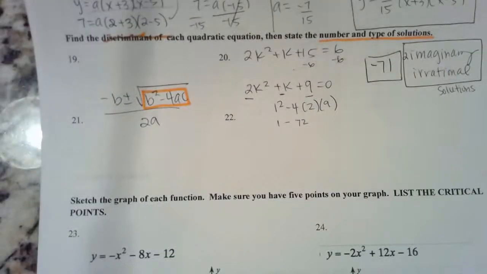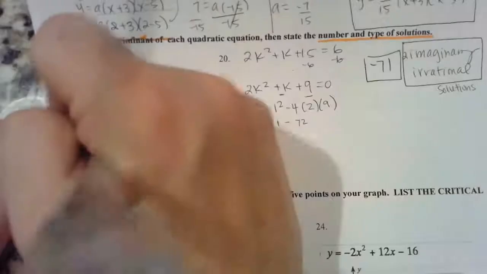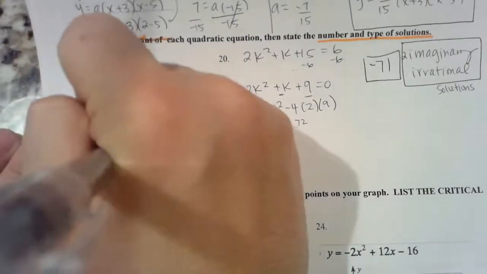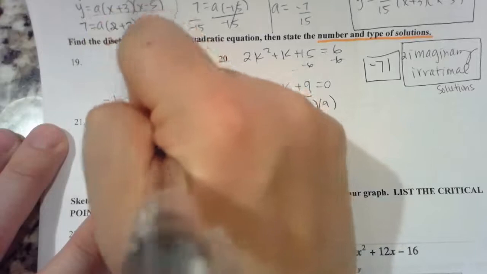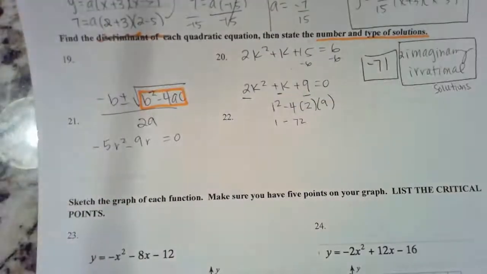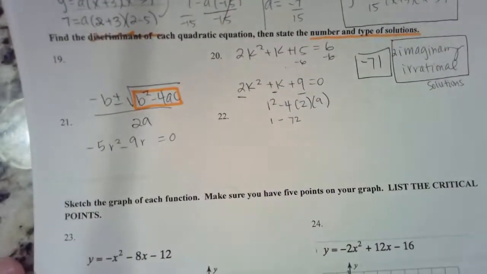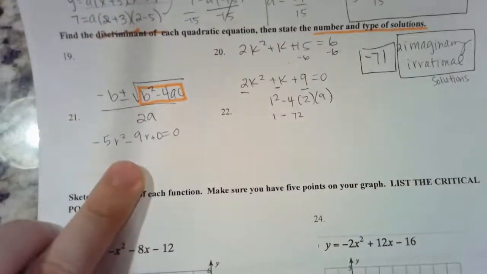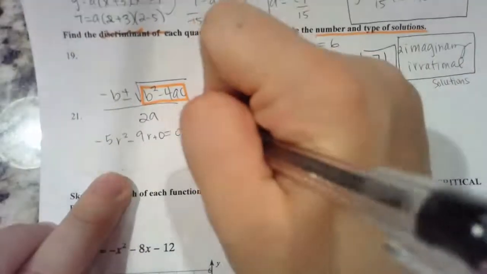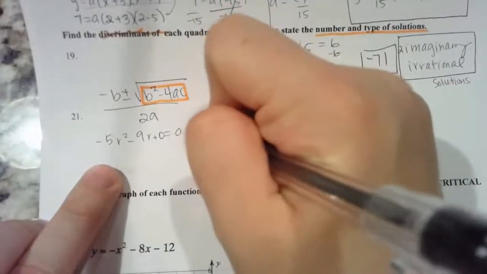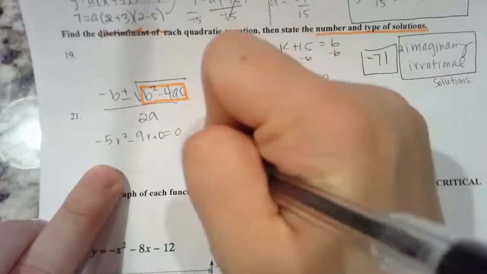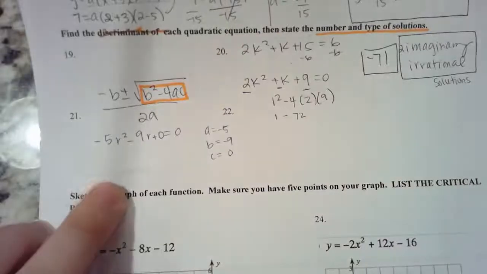Let's do another one. I'm going to jump over to 21, which I believe should say this. This is almost in standard form. There really is a plus 0 here. So A equals negative 5, B equals negative 9, C equals 0.